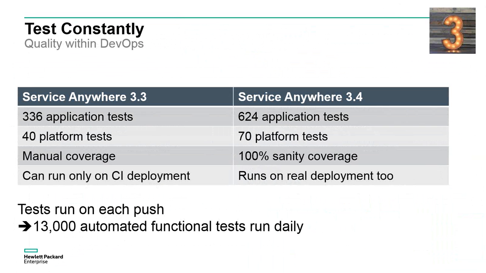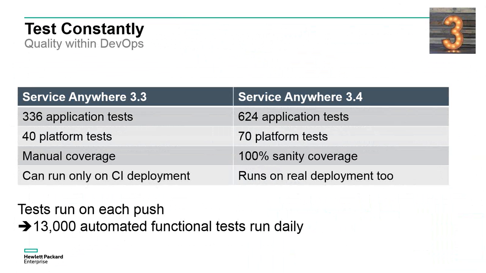Another example is a product that we have called Service Anywhere. And this is just a quick example of how they implemented DevOps when they went from version 3.3 to 3.4. Their particular journey was very interesting. As you can see from these slides, you can see the increase in productivity and the amount of automated testing that they were able to do, and also the amount of coverage, which also increased the quality of this application.